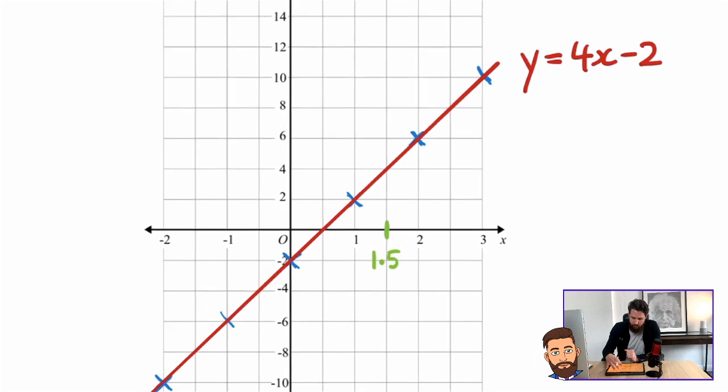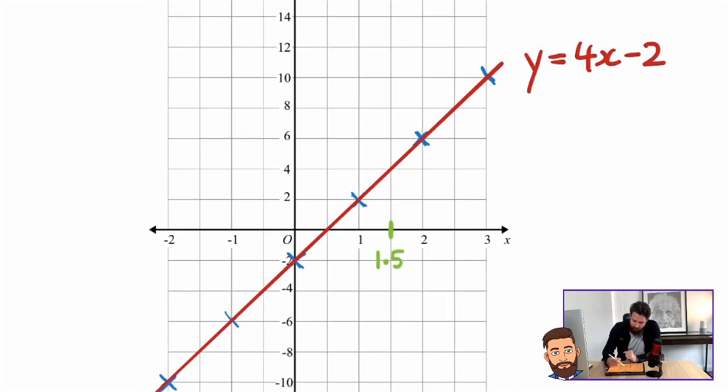What you do is you go from the x-axis and draw a line to meet the line that you've drawn. So if I draw a line to meet our line, it's going to meet there. Then you go across to the y-axis. What is y? 4. And you have to show that you've done that. So you have to actually get your ruler, draw a line that meets that line, and then draw a straight line across.